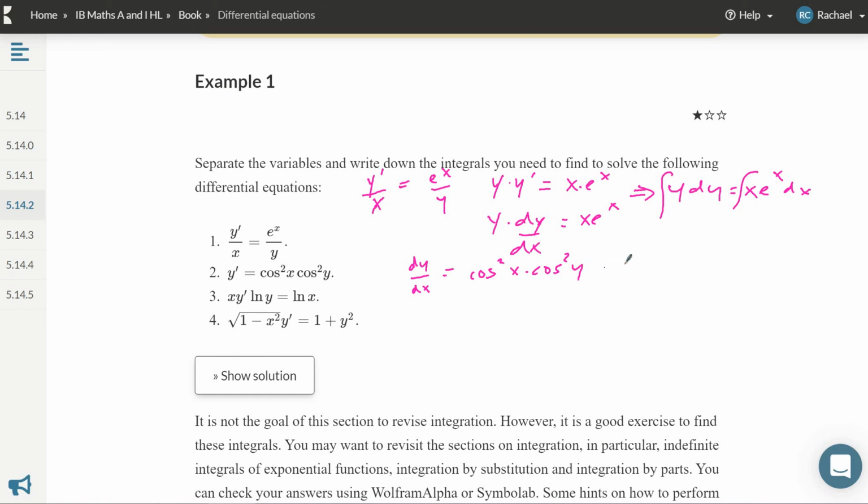And then literally you're trying to separate them and get everything on one side. So this would be dy over cosine squared y equals cosine squared x dx. And then you would integrate this. And remember, one over cosine squared is secant squared, so integral of secant squared y equals integral of cosine squared x dx. And you know that integral of secant squared is tangent.